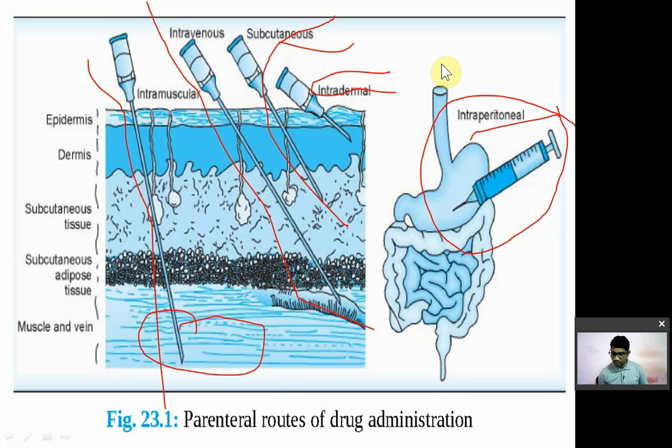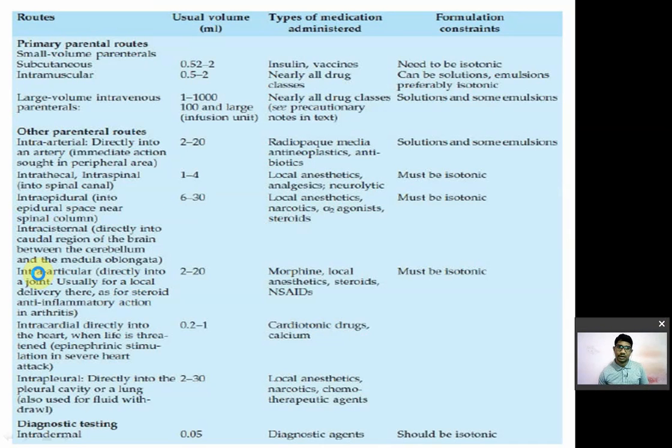We'll see them one by one. Routes of parenteral administration: which routes are there from where you can take injections? Then by this route how many ml of injection can be given, the usual volume of injection, the type of drugs that are administered, then formulation constraints or formulation characteristics.